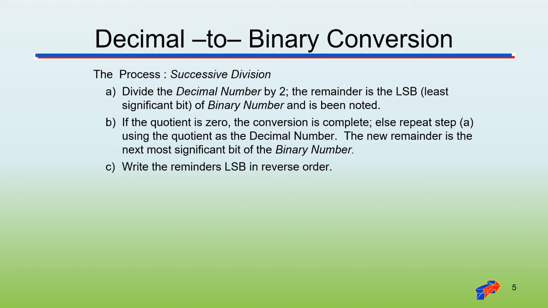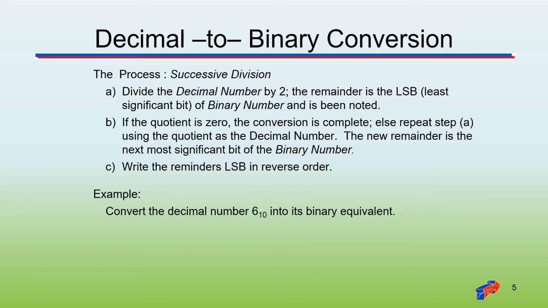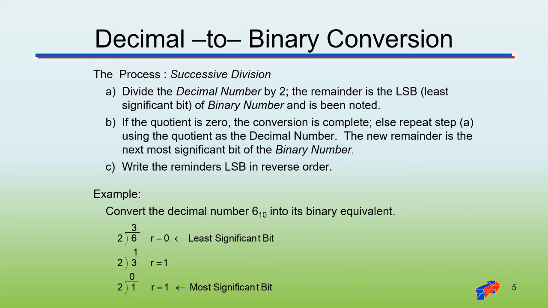And the last step is to write the remainders, that is the least significant bits, in the reverse order. We will go through an example. First of all, how can we convert the decimal number 6 to its binary equivalent? First of all, we divide 6, the dividend, by the divisor 2. We will get 3 as quotient and remainder 0, which is the least significant bit.